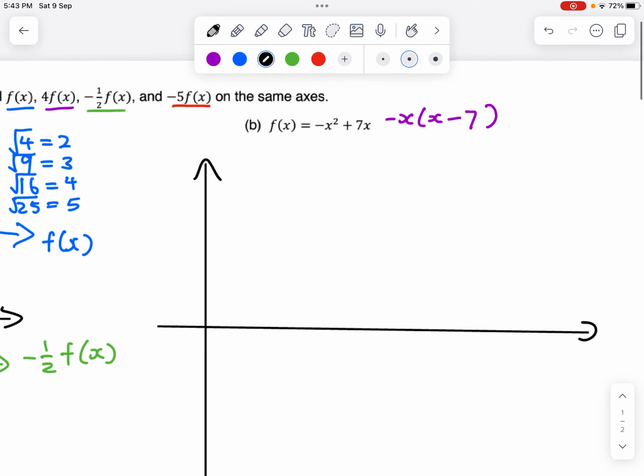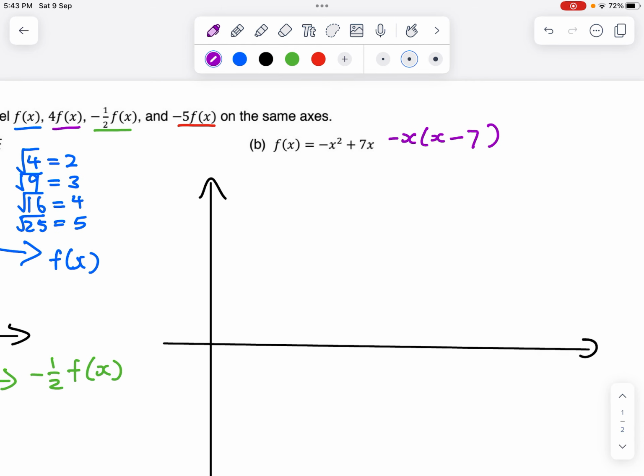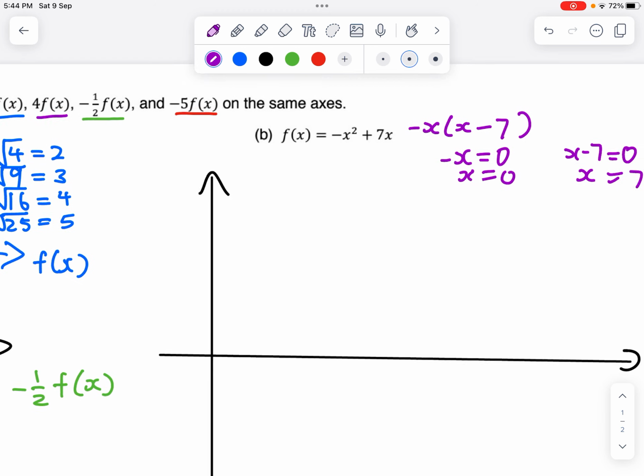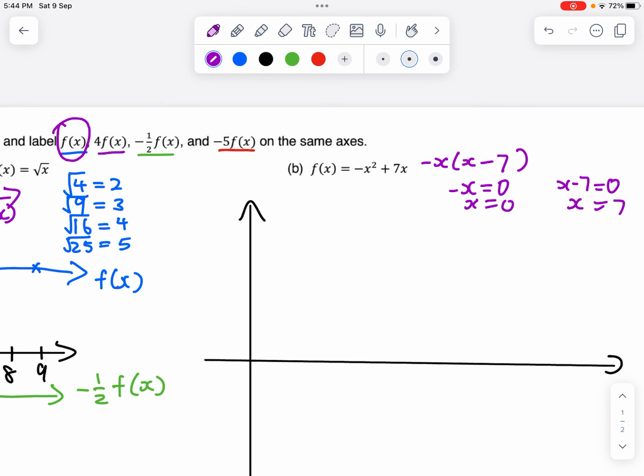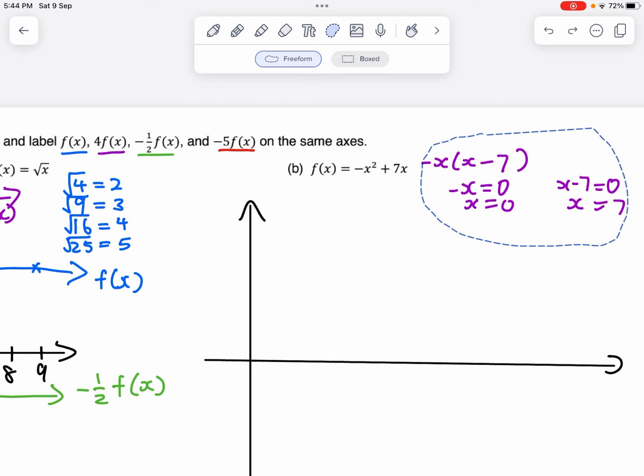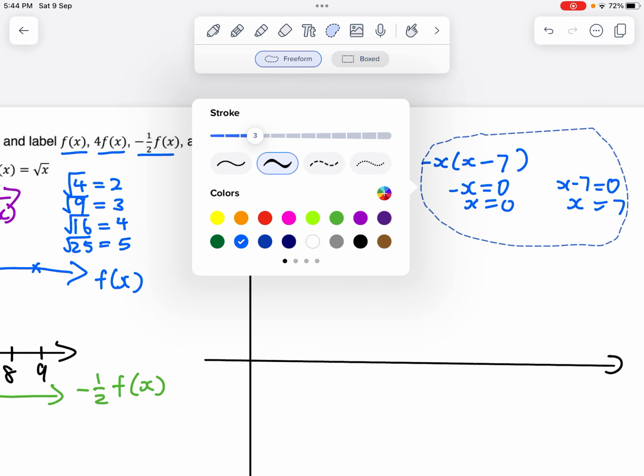So we know that the x-intercepts are at 0 and 7, because when -x is equal to 0, that just means x is equal to 0, and when x minus 7 is equal to 0, that just means x is equal to 7. So we know that the regular one would be in blue, so let's just be clear on that, and also do this so that it's clear for everyone.